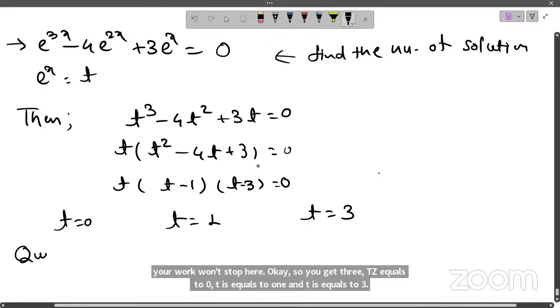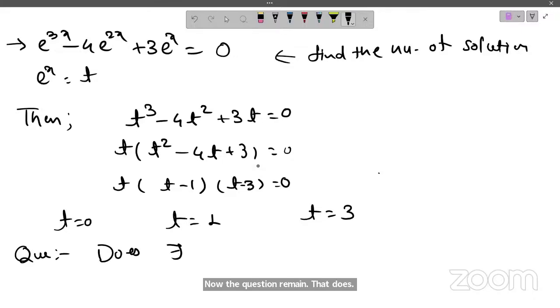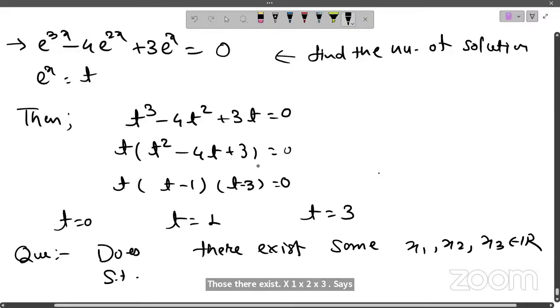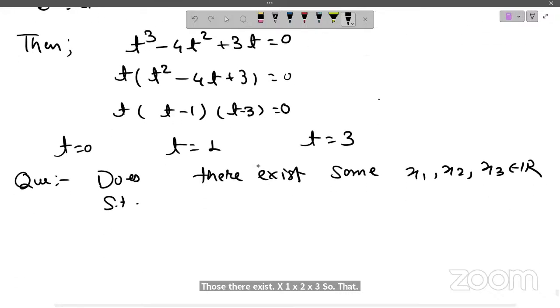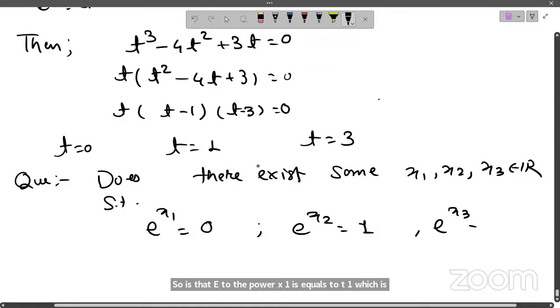Now the question remains, does there exist some x1, x2, x3 belonging to real numbers such that e to the power x1 is equal to t1, which is 0, e to the power x2 is equal to 1, and e to the power x3 is equal to 3?